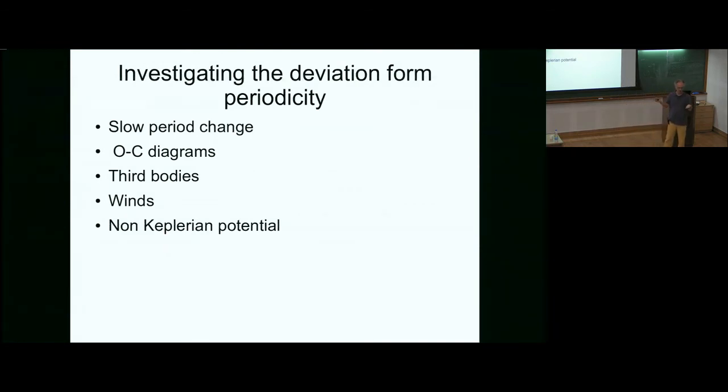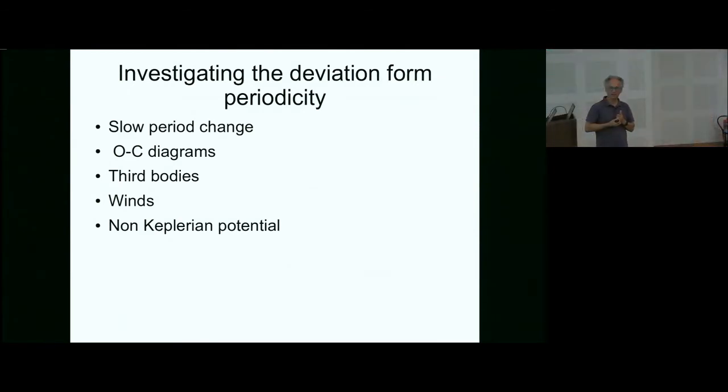One is that there are winds, and if the mass loss from a binary is slow, then on a time scale of say 10 years, which can be several tens of periods, we can see small changes in the orbit due to the mass loss from the system.